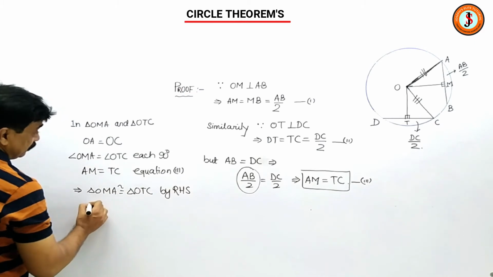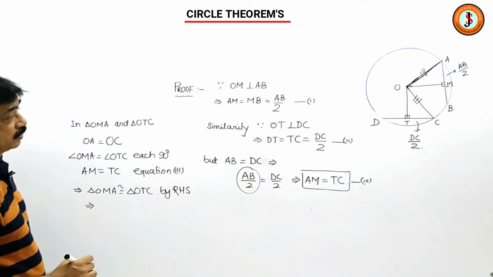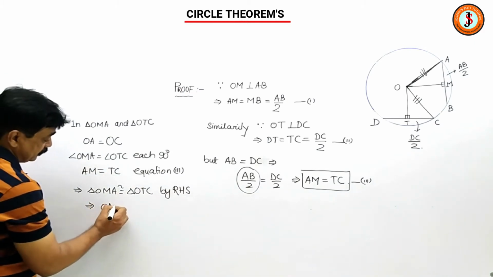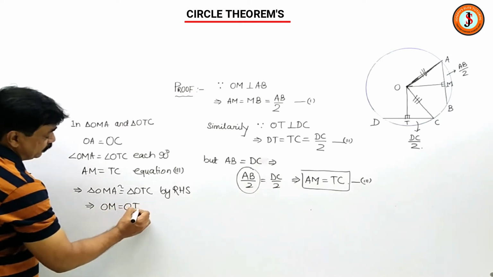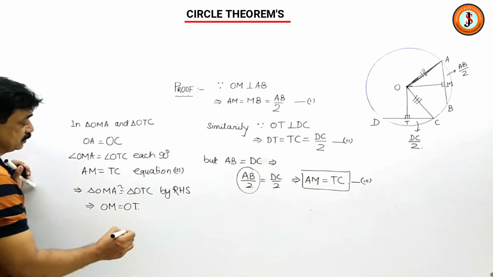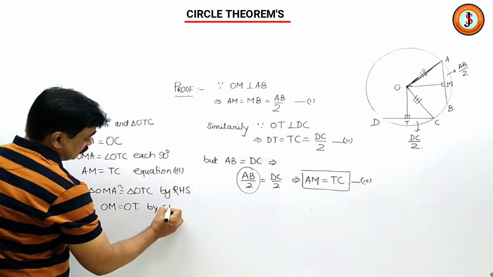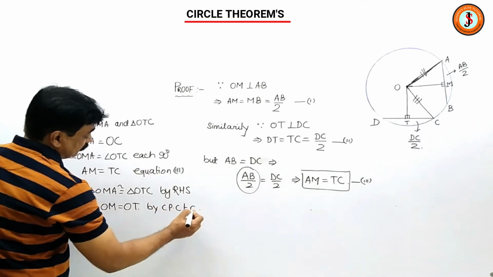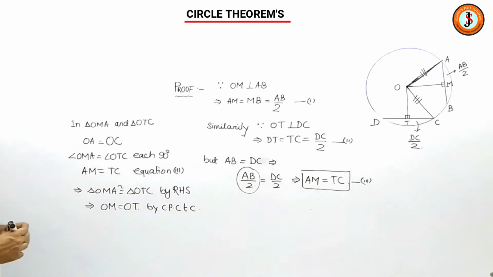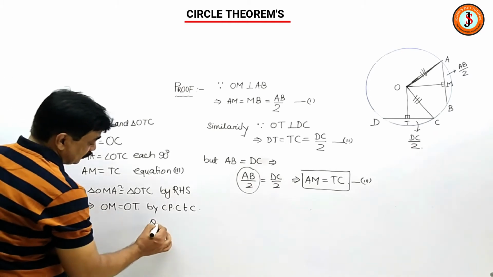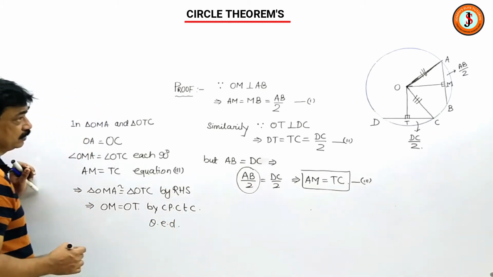So this further implies OM is equal to OT by CPCTC. So which proves that equal chords are equidistant.